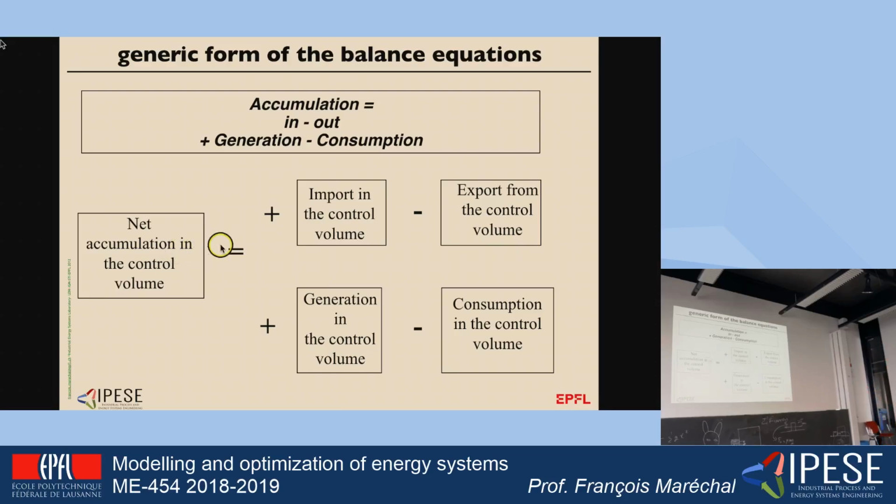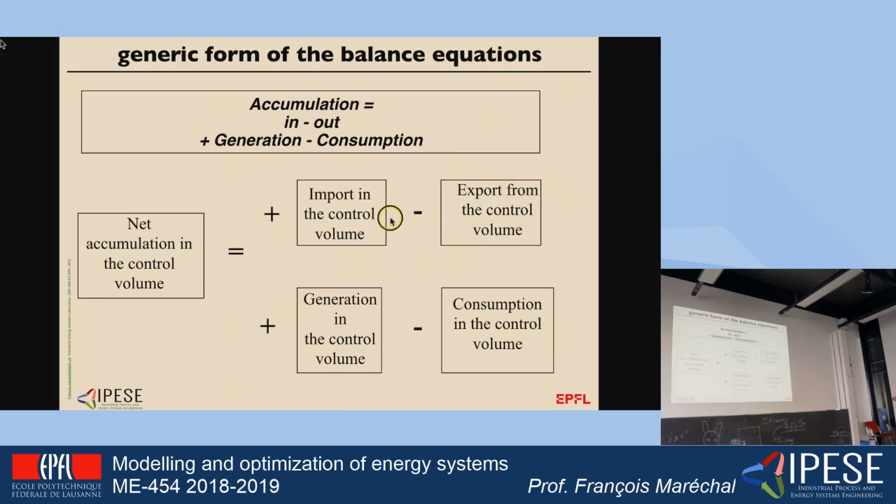And the rest is calculated first by looking at what we name the control volume. So we have to define the system and the border of the system. In the case of a flowsheet, the border of the system is the connectivity with the outside. So typically, it's where I'm connecting pipes, or cables. And then I will look at what is entering via this border, the control volume, and then what is leaving.